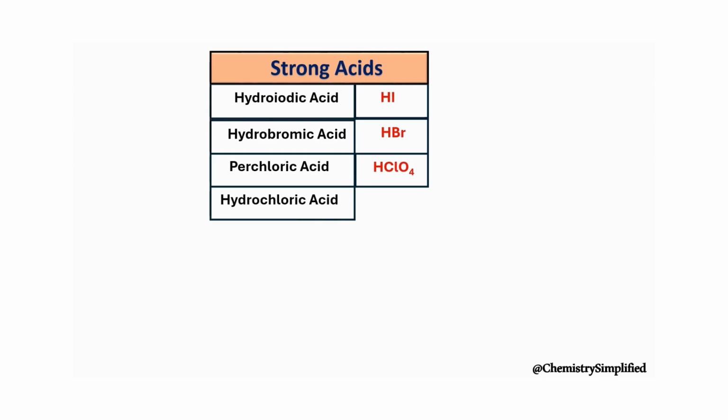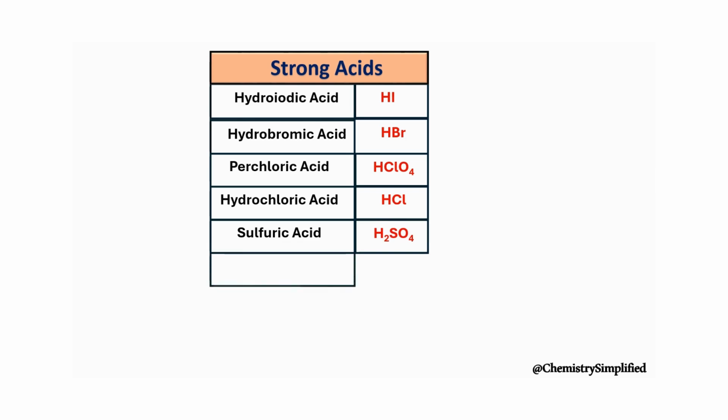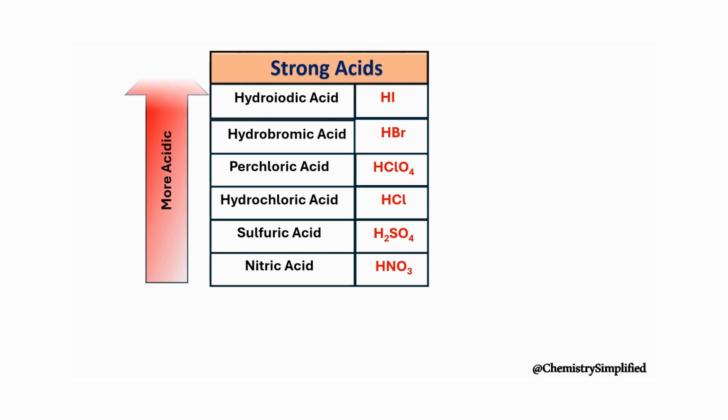Then hydrochloric acid, sulfuric acid, and lastly we have nitric acid. So these are the strong acids. We have 6 strong acids. The strength of the acid increases as we move up, meaning that hydroiodic acid would be the strongest of these acids, but they're all strong acids.